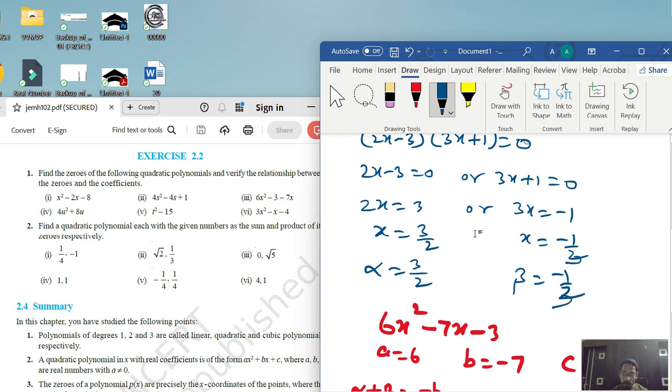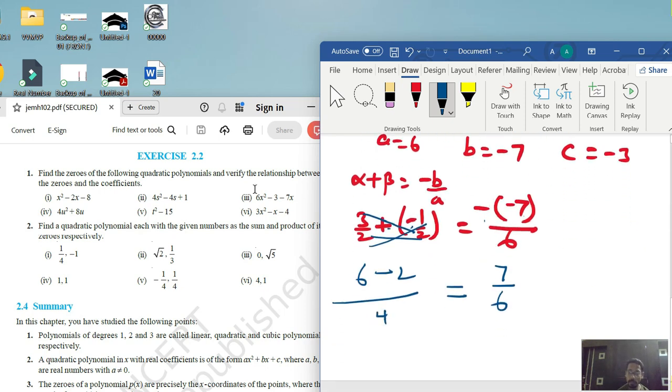Okay, so here the beta is minus 1 by 3. Okay, so 3 into 3 is 9 minus 2 by 3 into 2 is 6. Okay, so 9 minus 2 is 7 by 6. Right side also 7 by 6. Here we can say LHS equal to RHS.